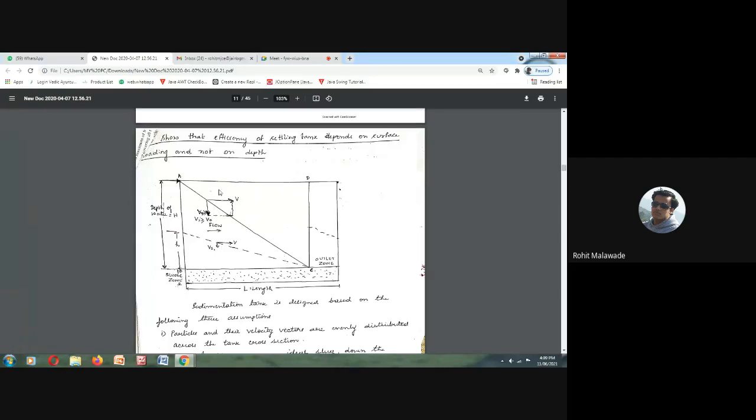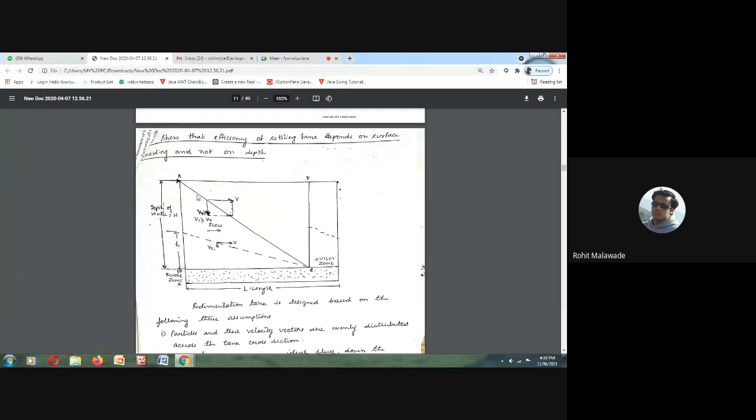Now, suppose we increase the velocity. Instead of here, the water is going to come over here, and there might be a good chance that the suspended particles present in the water, due to the increase in speed, are not going to settle down. They are going to pass away and move out of the sedimentation tank.